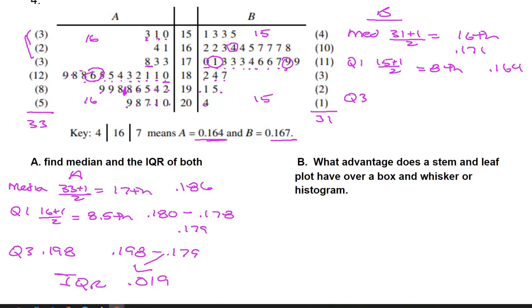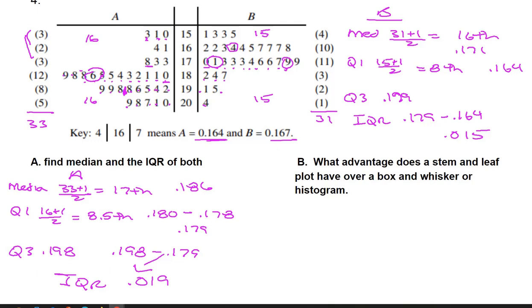So it's going to be 0.179. And to find the IQR, I take 0.179 and subtract 0.164, and I'm going to get 0.015 as my IQR.